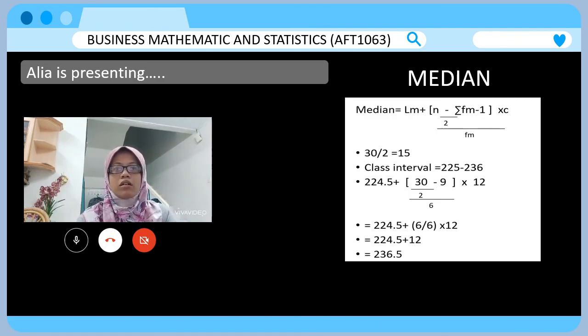We insert the numbers into the formula and get 224.5 plus 6 divided by 6 times 12, and the final figure is 236.5.